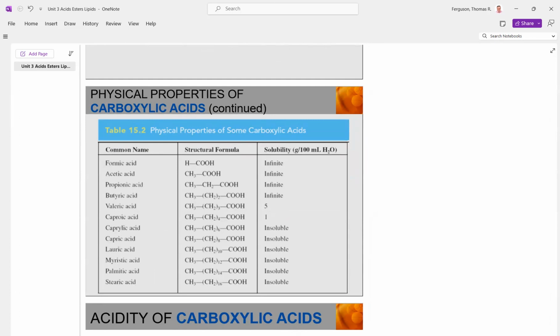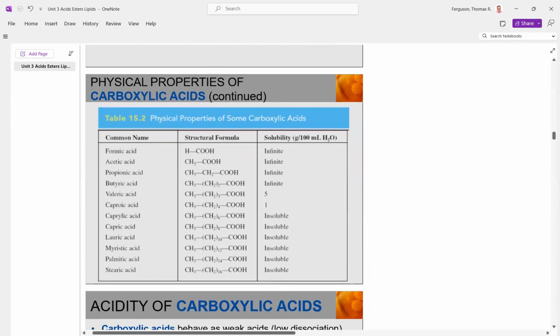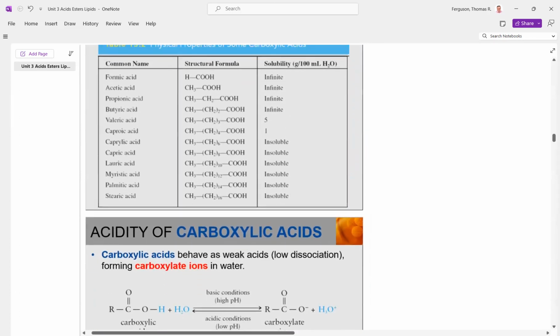There's a similar phenomenon with acids. If the tail is 7 carbons long or more, it's insoluble in water. So that's the cutoff.